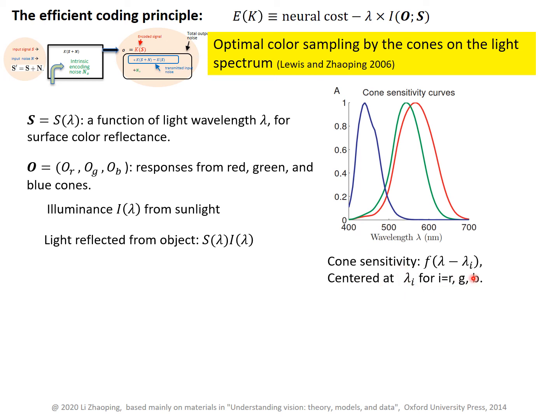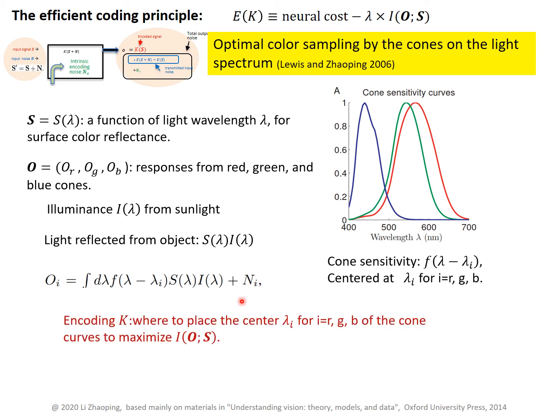And so for each cone, you can then get its response as its sensitivity to light times the actually reflected light from the surface, and you integrate over all the wavelengths to get its response, plus the encoding noise. Okay, and then the encoding K becomes the choice of these 3 peak lambda values.